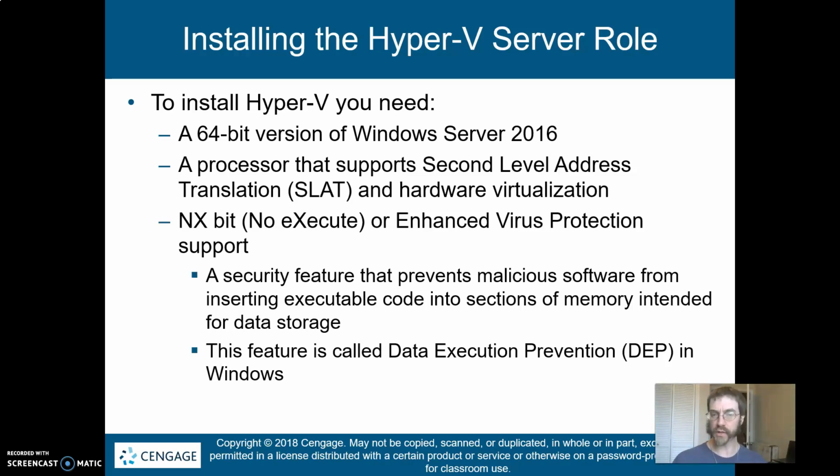You also need a processor that supports SLAT, second level address translation, hardware virtualization, and no execute, enhanced virus protection, or DEP. If you don't have those things, I believe Hyper-V won't even run.